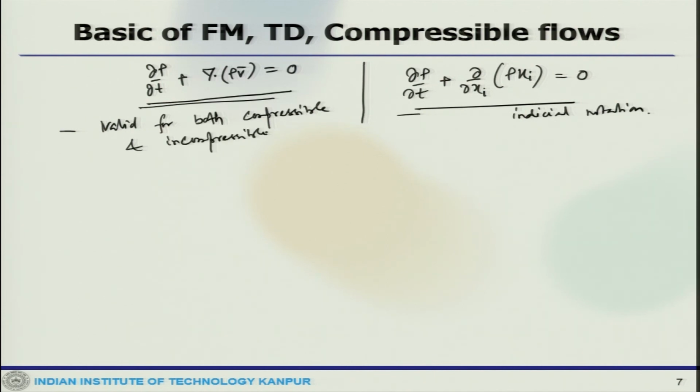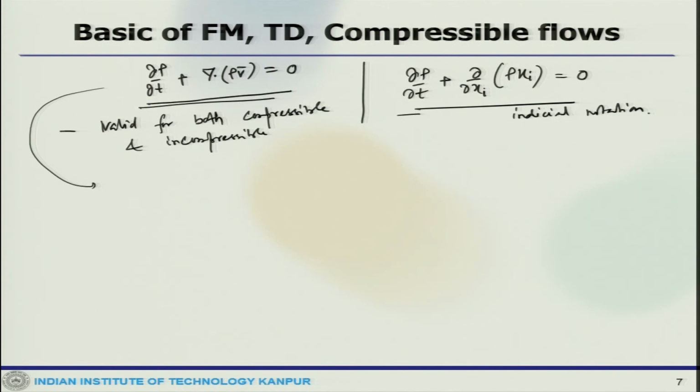Now, for incompressible, we can derive the special situation for incompressible flow, but do not make this mistake which is very common, that okay, incompressible flow density does not change. That is not the way it is derived. People usually make this mistake straight away.